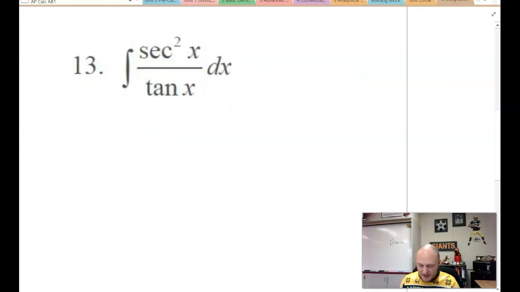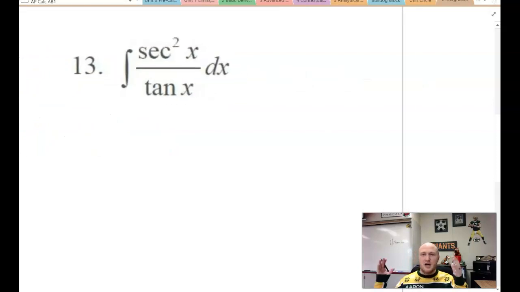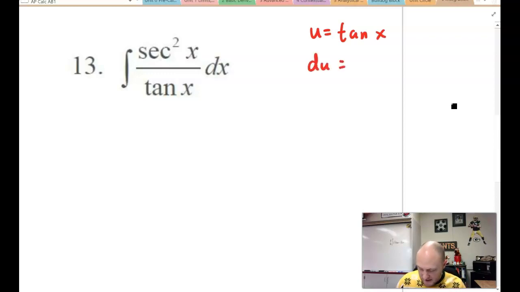All right, example 13. Alas, we have trig functions. Okay, well, if I let my trig function be tangent of x, then the derivative of that is secant squared of x dx.